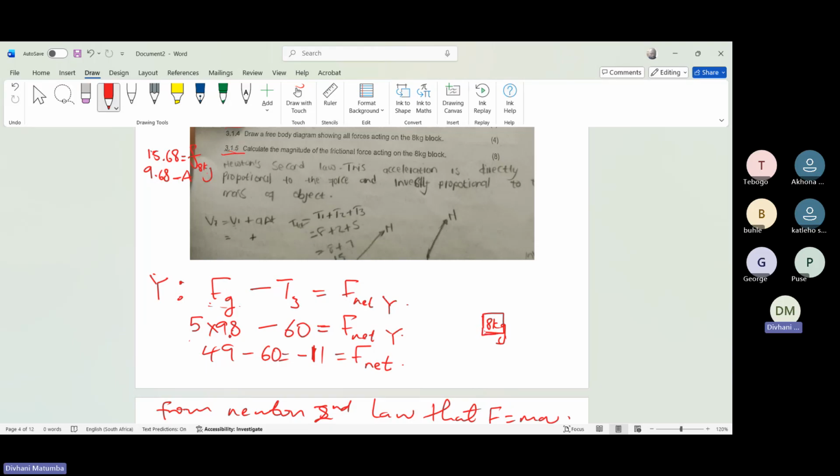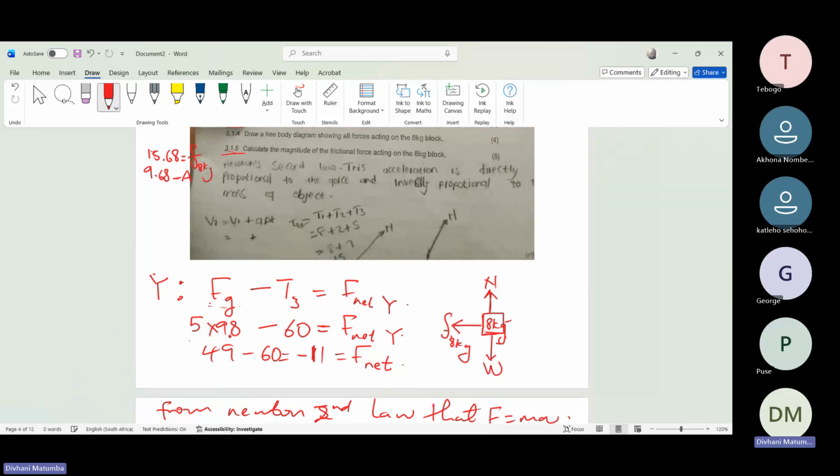We have the frictional force. We have the normal force. We have the force of gravity. We also have the tension, T1.